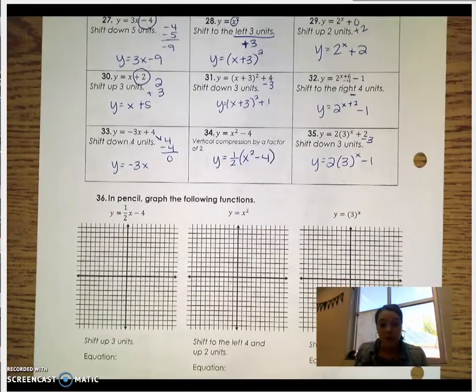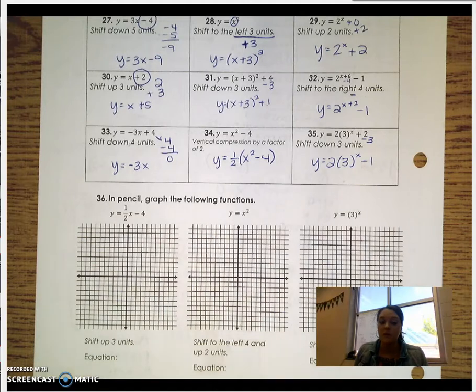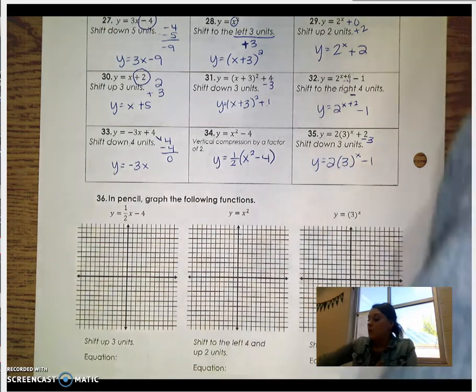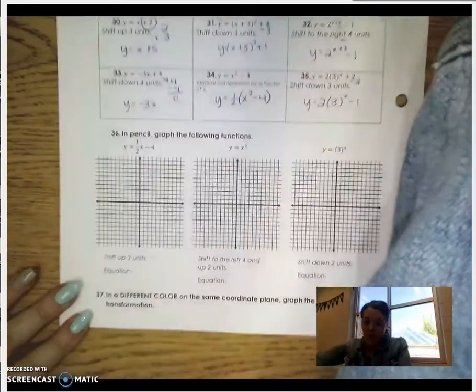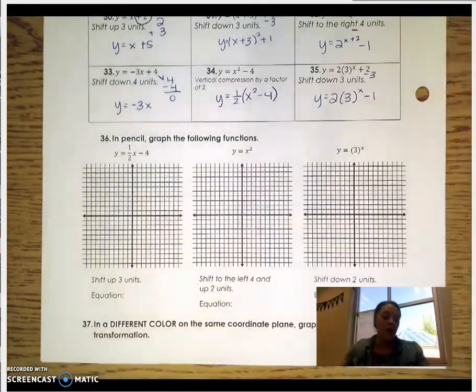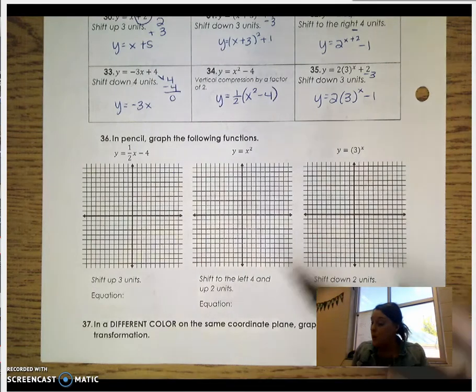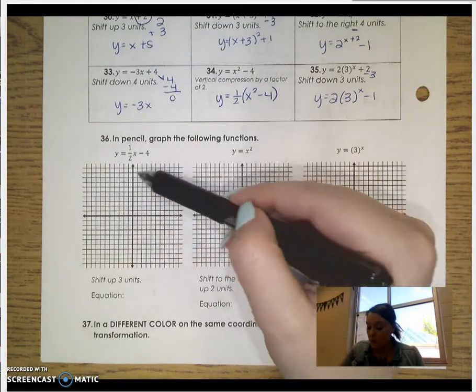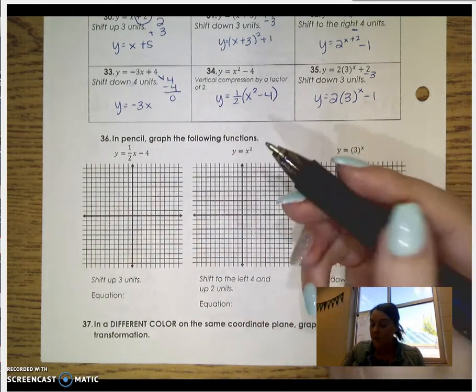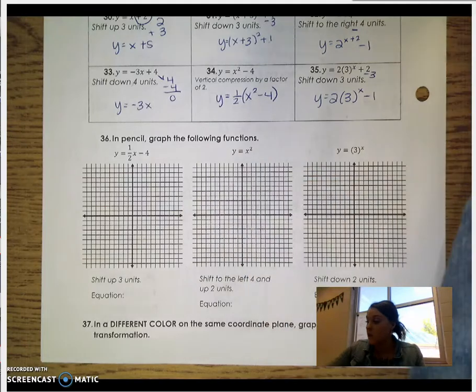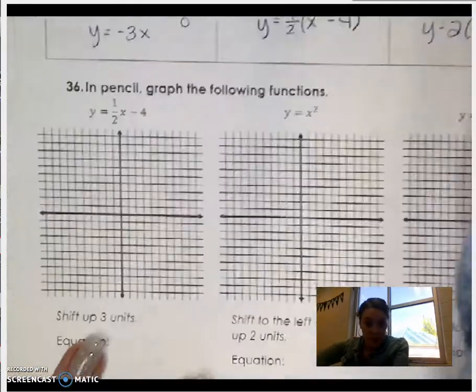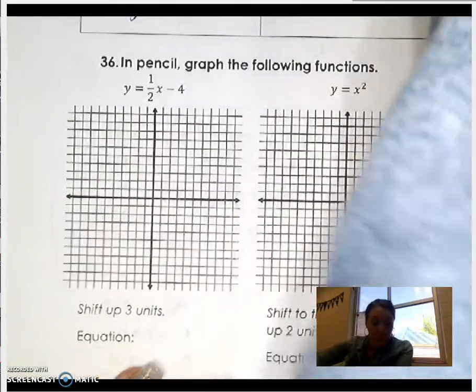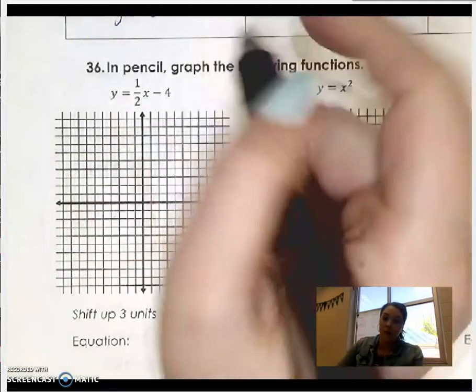Okay, so down here they give us 3 different types of functions, and they would like for us to graph them and then graph them with the shift. So I'm going to do my first graphs in black and then switch to blue to show the shift. Alright, so I'm going to graph y equals 1/2 x minus 4. It's a linear function. You could use your table, or you could graph this linear function.